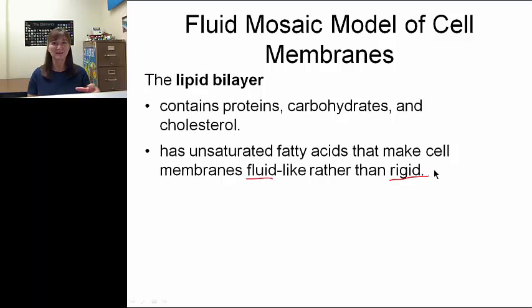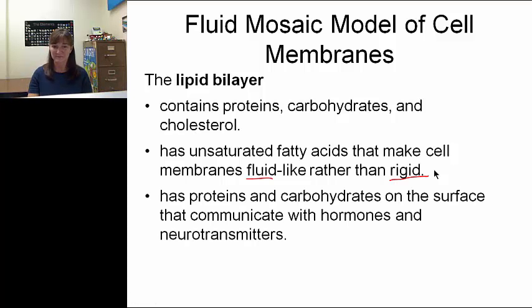Even though we tend to think of cells as kind of this spherical shape, they're actually very flexible. And that's due to the carbon-carbon double bonds that cause the kinks in those fatty acids. So since there's some unsaturation in that fatty acid, those glycerophospholipids can't pack real tightly together when they form that cell membrane.